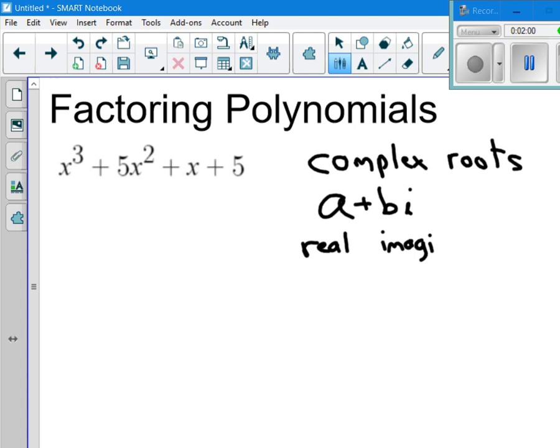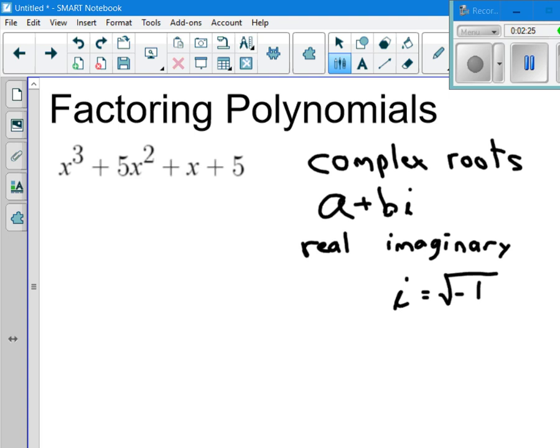And this comes, boy, if I can spell, imaginary. Here we go, imaginary. There we go, that's better. Where a and b are real numbers, and the number i is the square root of negative 1.